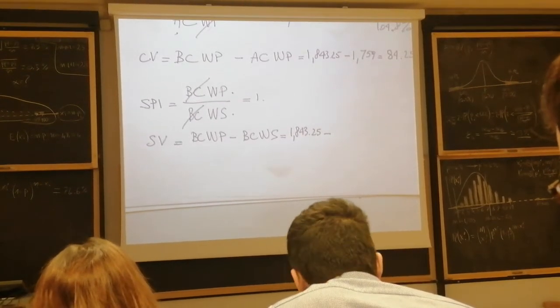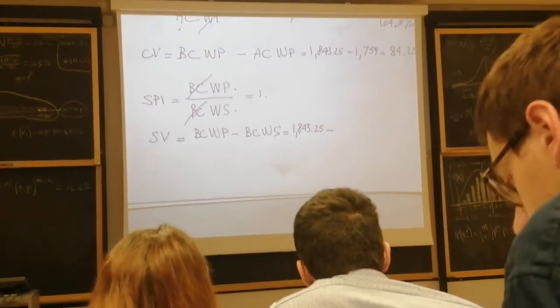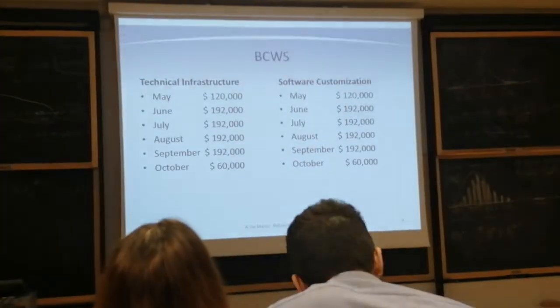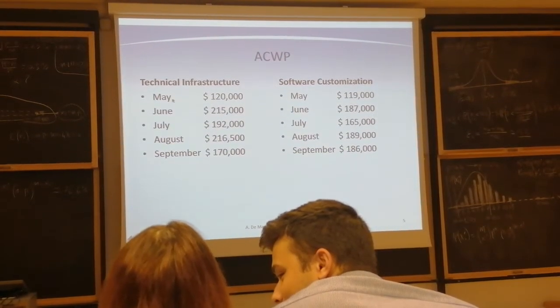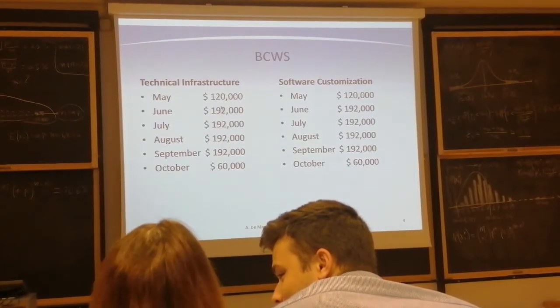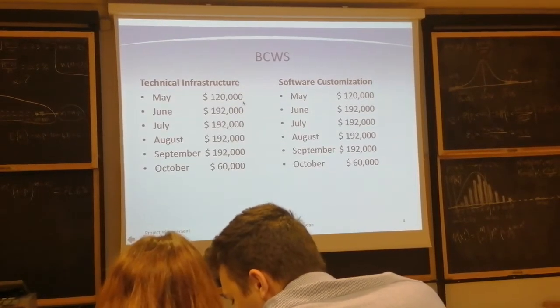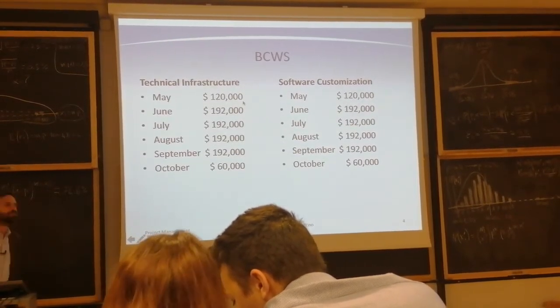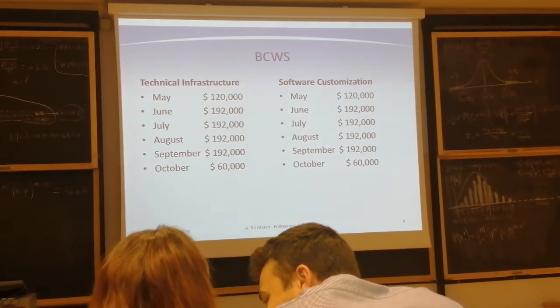The schedule is easy to compute because it's 120 plus 4 times 192, all double. How much? 1,776. Thank you.